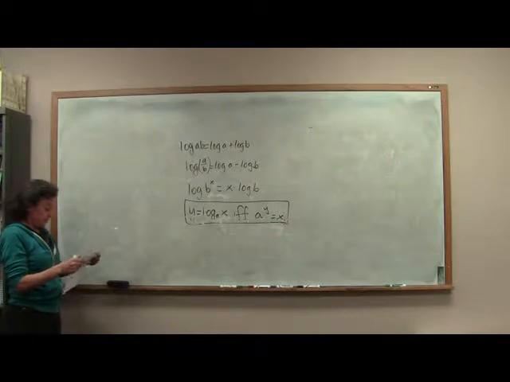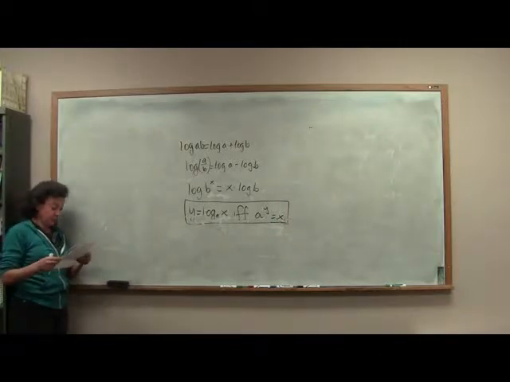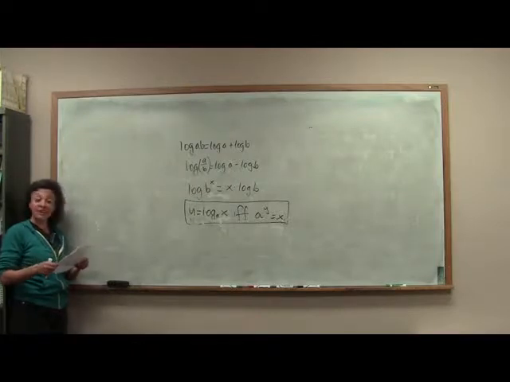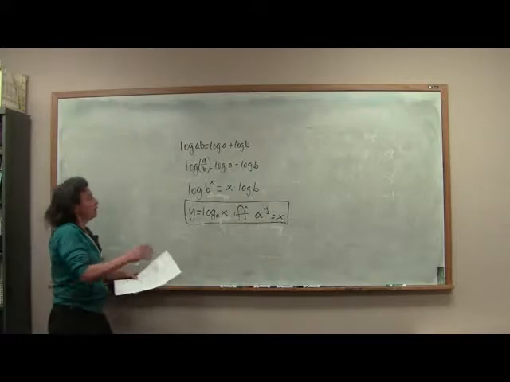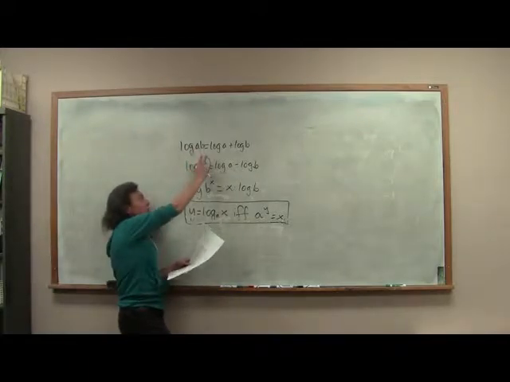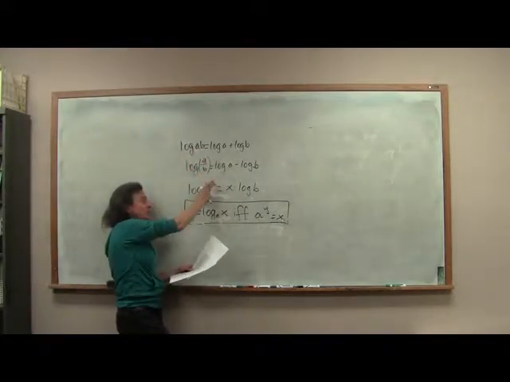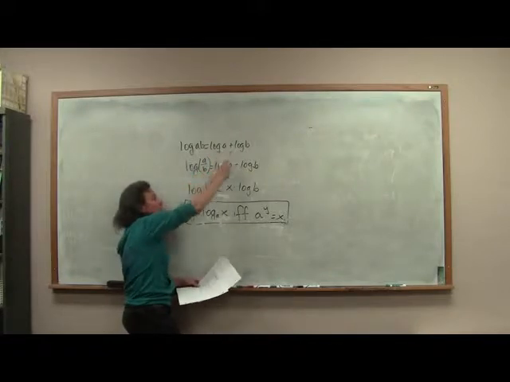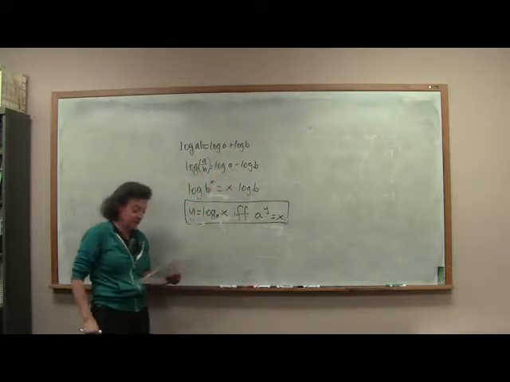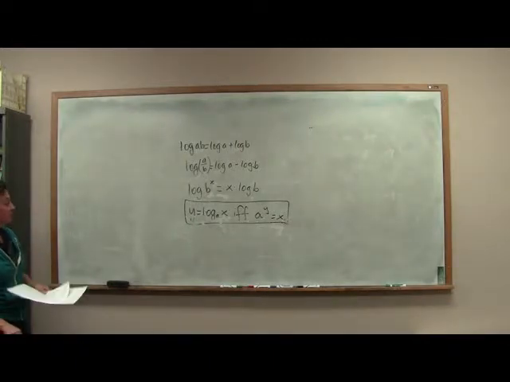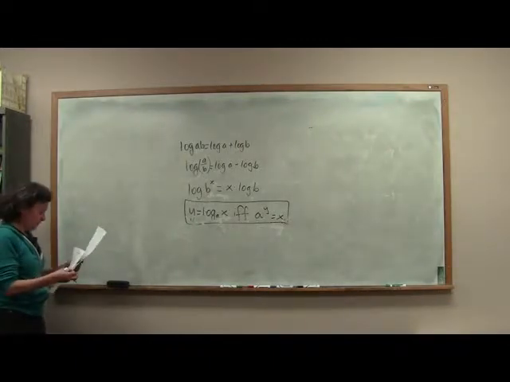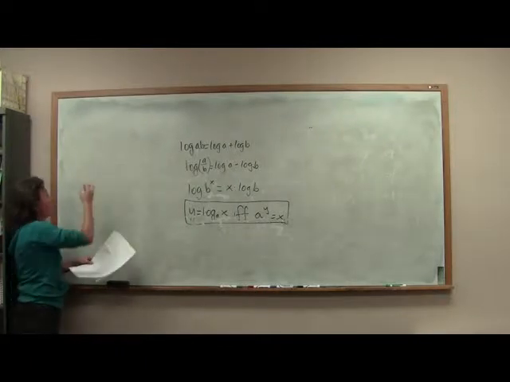All right, so what we want to do for the next few examples is, if possible, write the expression. We're going to be given things that are either multiplied, divided, or raised to a power, and we want to write them as the sum or difference with no products, quotients, or powers.